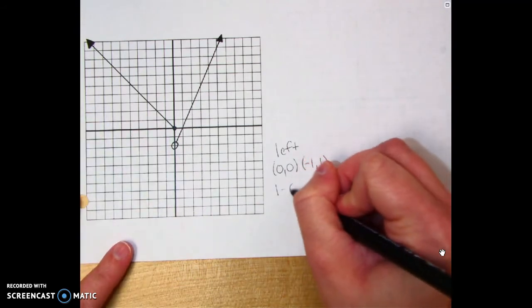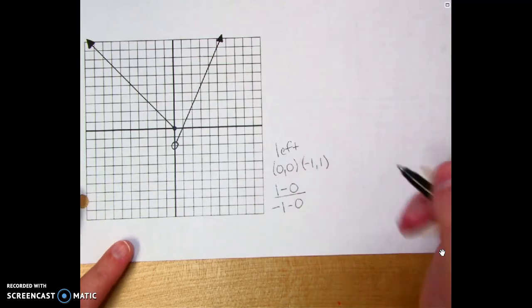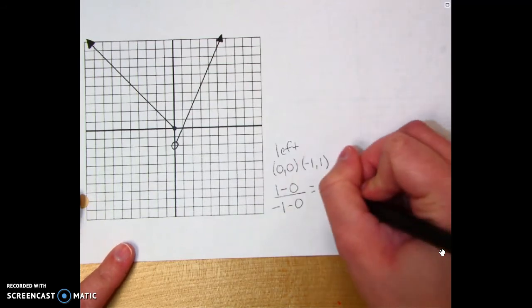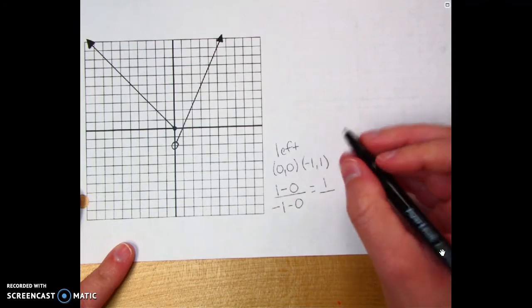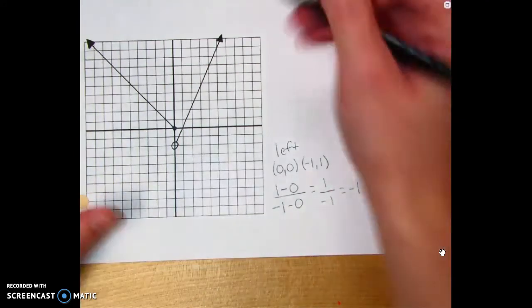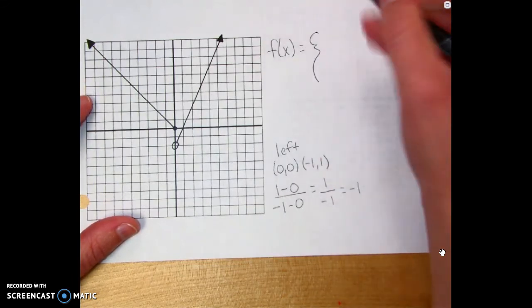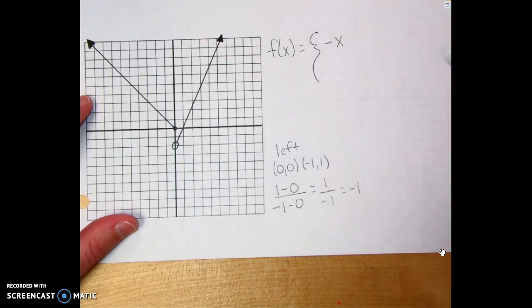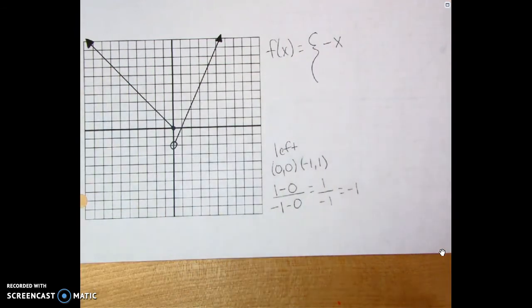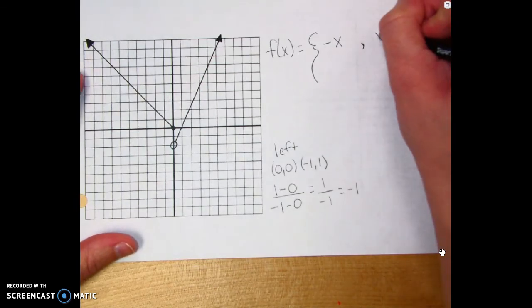That's 1 minus 0 over -1 minus 0. 1 minus 0 is 1, -1 minus 0 is -1. That simplifies to -1. So for my first equation, I start with a -x, and what's the y-intercept? 0. So I don't need to write that. And then what's the inequality?